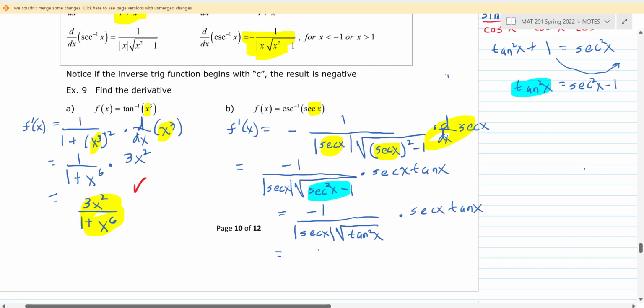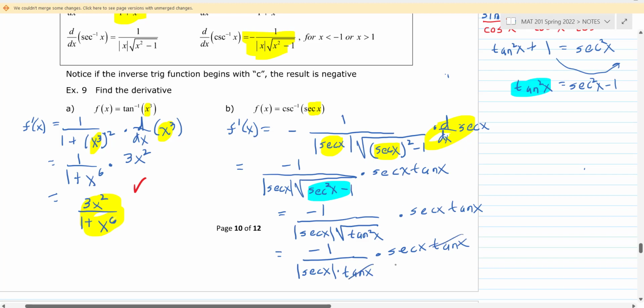So that comes out of the radical. You'll get negative 1 over absolute value of secant x times tangent x. And then we can cancel out the tangent x, and we'll end up getting this.